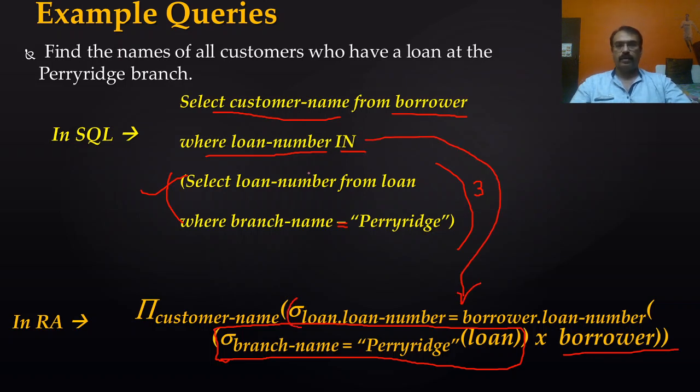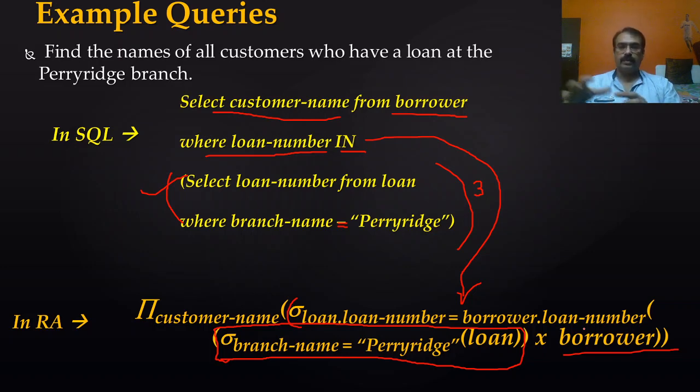Now, loan number in loan number means this loan number should be equal to the loan number which is present in the produced output. The same we are doing here. So loan number should be equal to borrower dot loan number. But this condition is now imposed on a comparatively smaller Cartesian product than in the previous case. Understanding me?